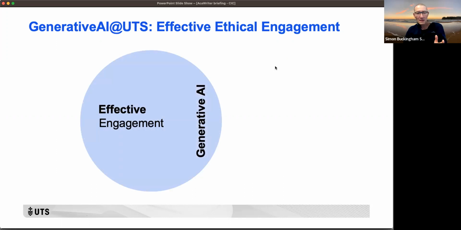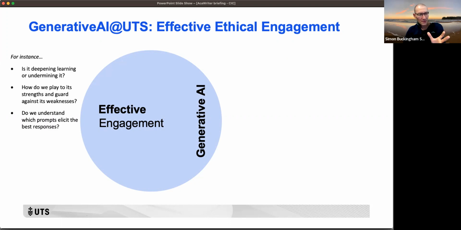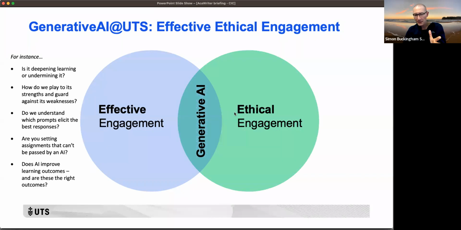The DVC for education worked with myself and others to produce a short piece which says we're interested in promoting effective engagement with generative AI using, for example, asking these kinds of questions, but also ethical engagement.